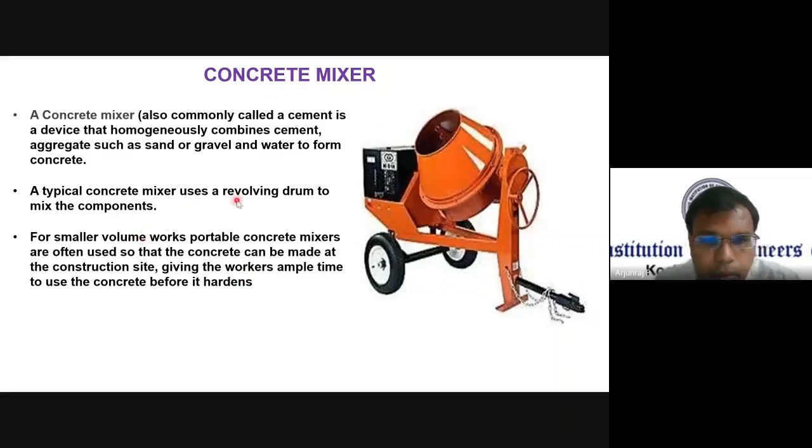This concrete mixer uses a revolving drum. This is the drum. It revolves to mix the components, sand, water, gravel, and cement. Finally, you get concrete out of it. That's why it's called a concrete mixer. The proportion will also be quite good, and you have a revolving drum.